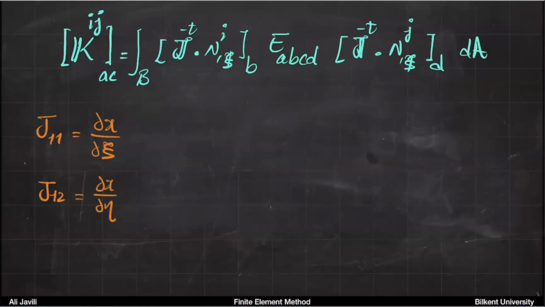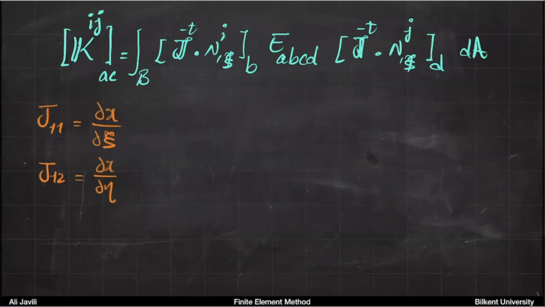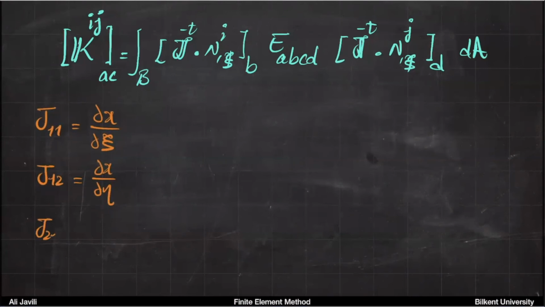J21 is the derivative of y with respect to c, and J22 is the derivative of y with respect to eta. Now, if you do each of these exactly like what we did before, the first one would look like this.